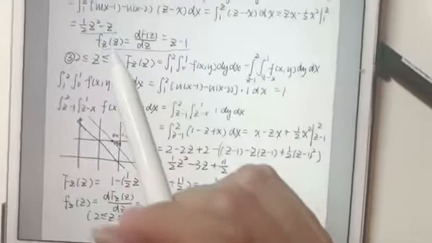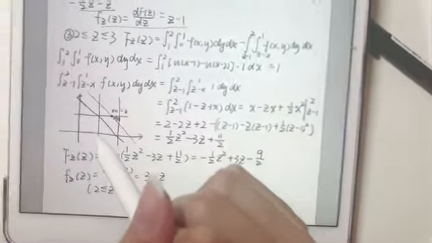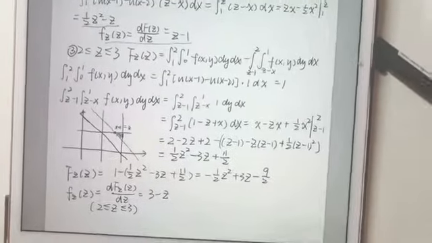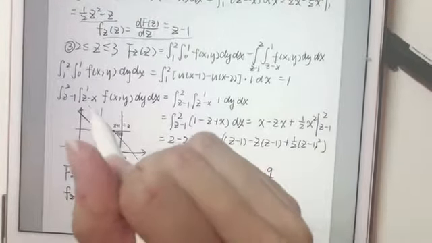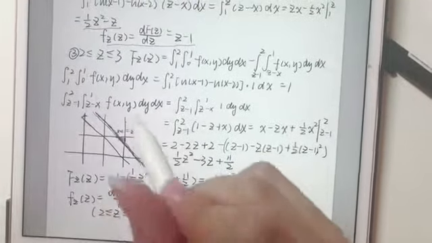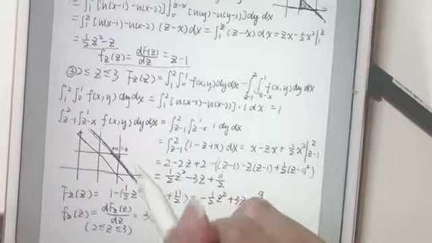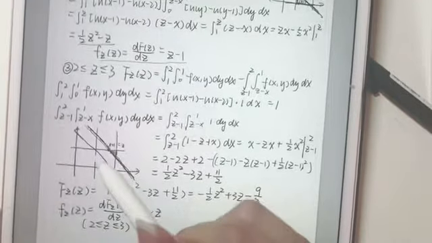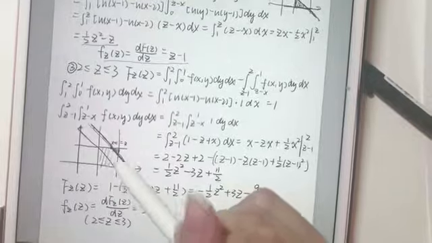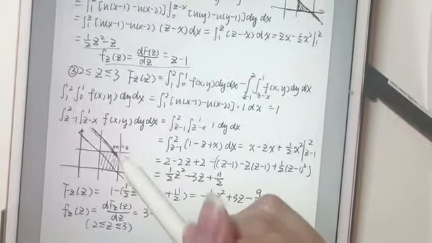Similarly, when z is between 2 and 3, we get a figure like this. Not this line. This line is x plus y equals z, and what we need is in fact this area, but we use the whole square area minus this triangle area.